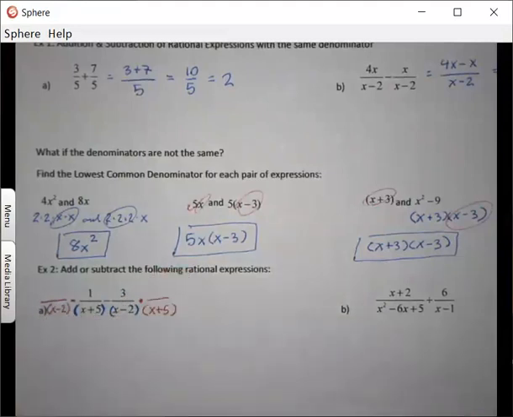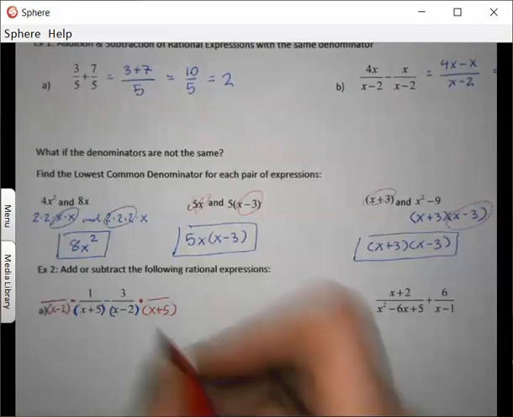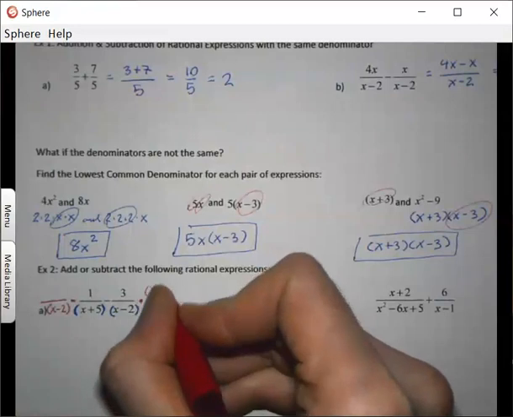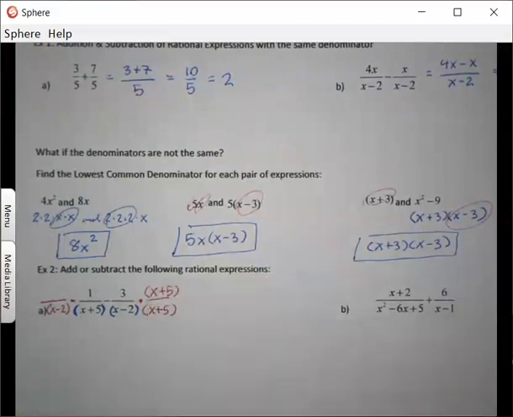Now, whenever we're adding, subtracting, simplifying expressions, you're not allowed to change the value. So in this case, we're going to multiply by 1, because multiplying by 1 doesn't change the value. So if you have x plus 5 in the bottom, you need x plus 5 in the top.